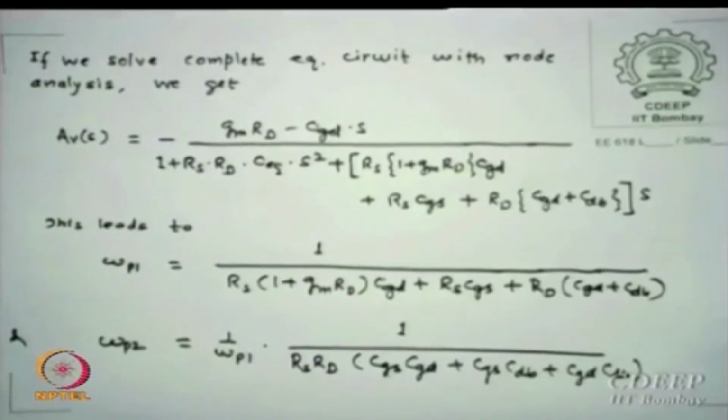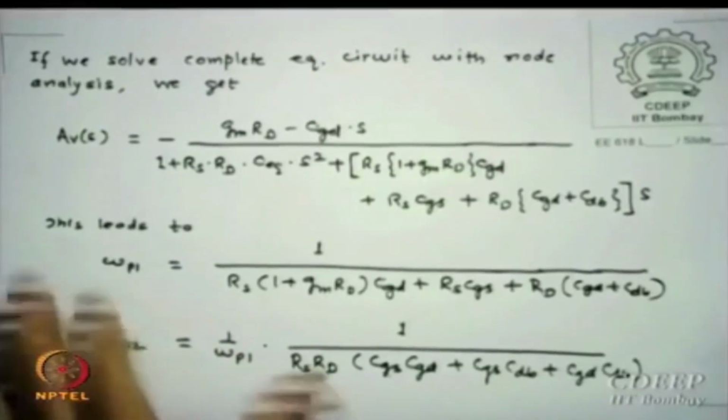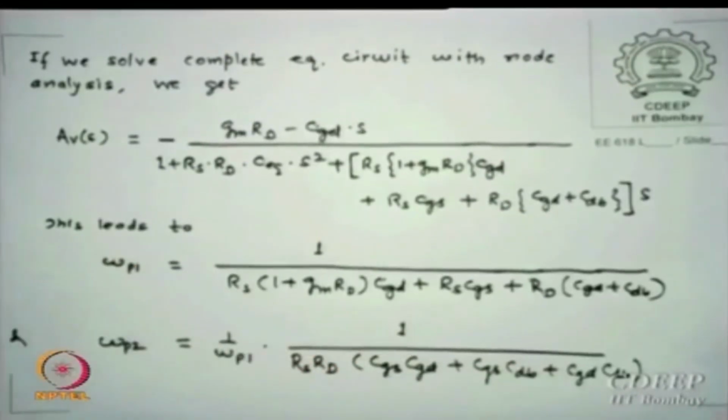Okay, so now you can verify what has been done in the 2 cases, under what conditions. This is same as what we did, and this is close to something which we have done.